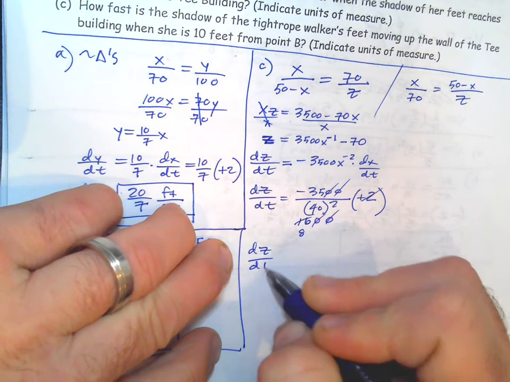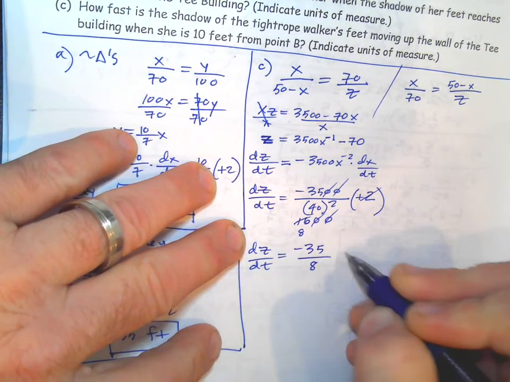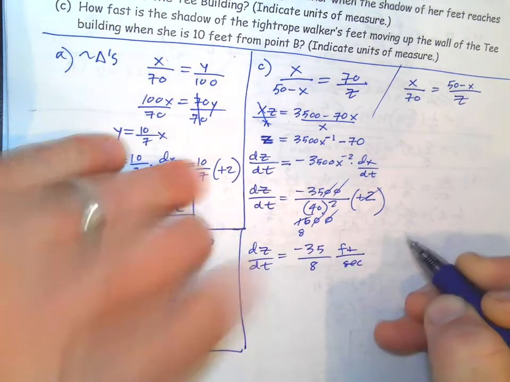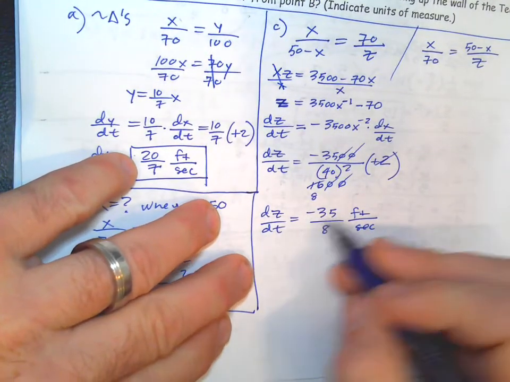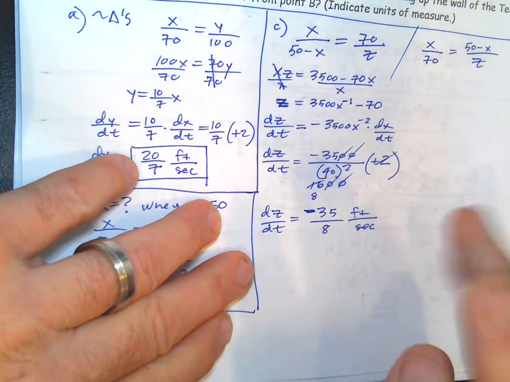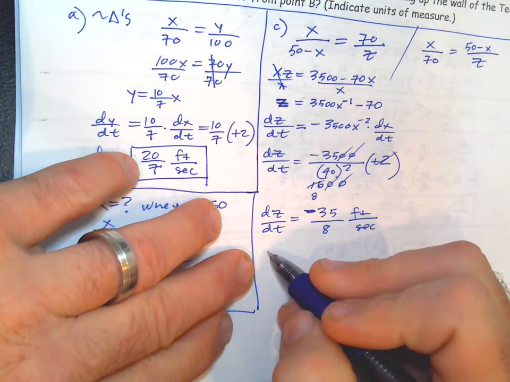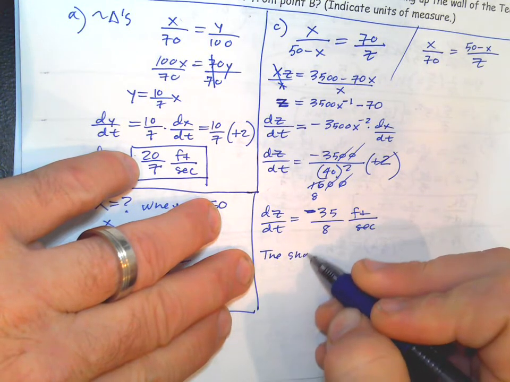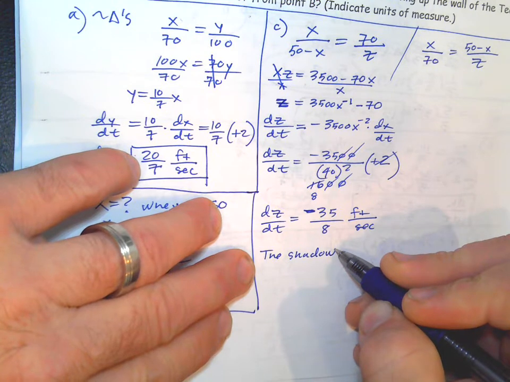So dz/dt equals, now it says negative 35 over 8 feet per second. But I wouldn't write it like that with the negative, because it's negative because of where we put the z. So I'd put it in words. The shadow, and by the way, fast is speed, so speed is always positive.